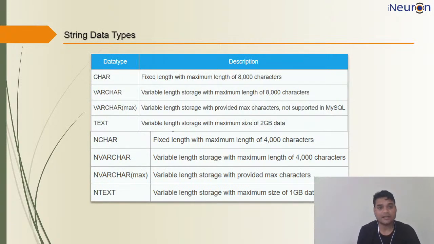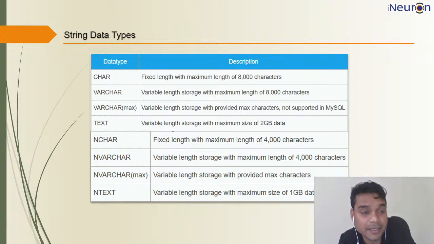So let us check one of the data types. This is a string data type. You can see that we were using some of these data types, like the varchar data type, in today's discussion. String data types are the types where we work with text data, like character, varchar, text. Each data type has a capacity to handle a certain number of characters.